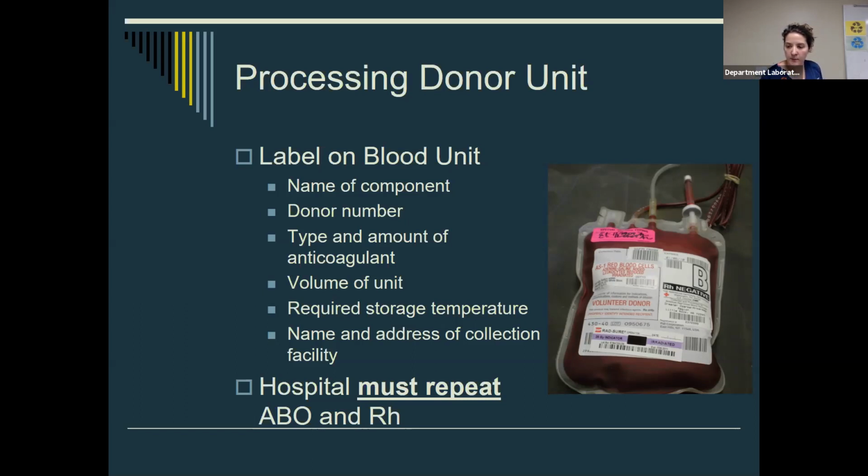We also talked about the type of anticoagulant and the volume of the unit. You might not be able to see it on there, but it's listed right there to tell you how many mils of red cells are in that bag, and then how many mils of anticoagulant.